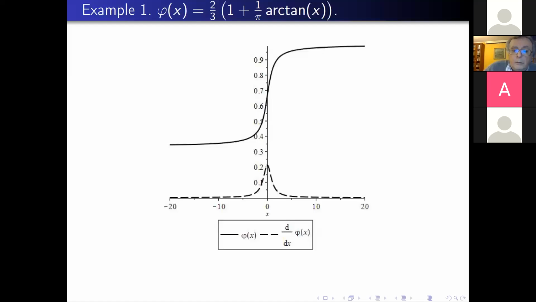The upper curve is the function f, here denoted as phi, and the dashed line is the derivative. I remind you that the soliton moves in this direction. It moves from the region where dispersion is great to the region where it is smaller. Let's see the process.